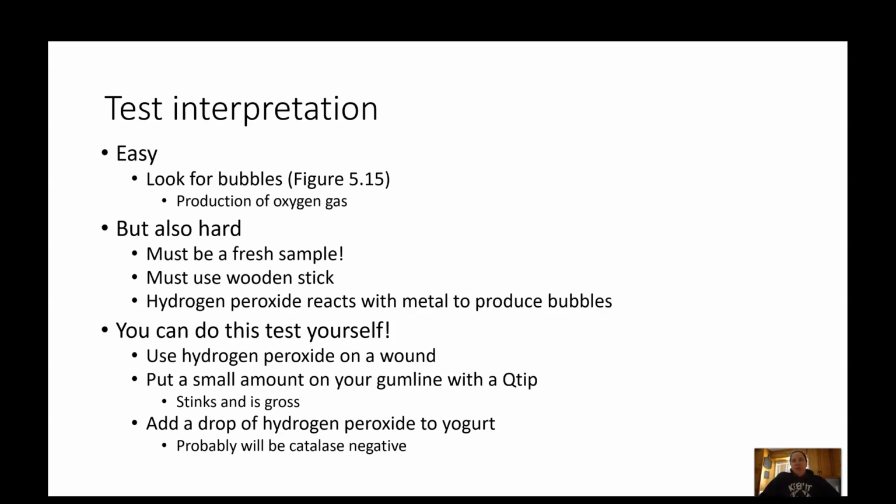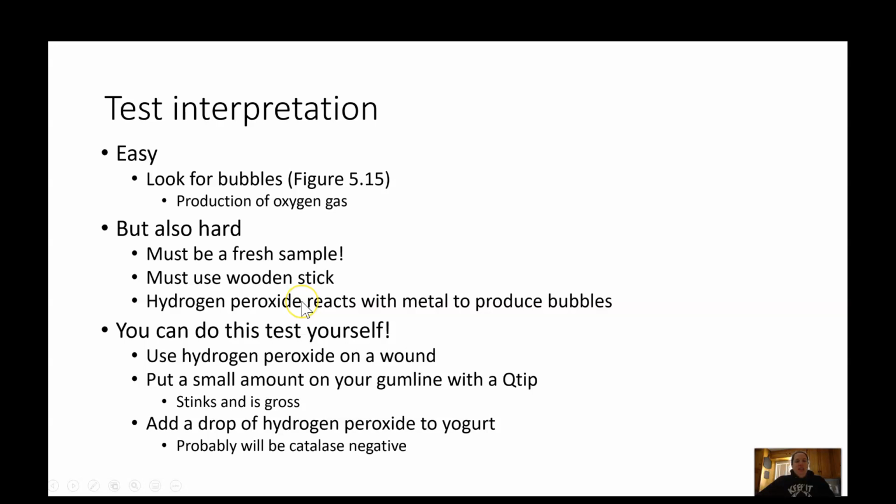So sometimes the wooden stick itself might produce a couple bubbles and they read that as a positive result. Or it might not bubble as vigorously as you expect it to and you interpret it as a negative result. So I would say that this is actually one of the tests where you really want to do a positive and a negative control to make sure that you're looking at those bubbles accurately.